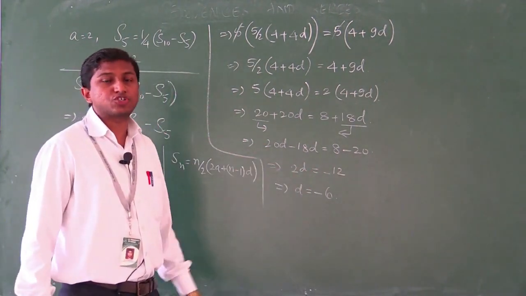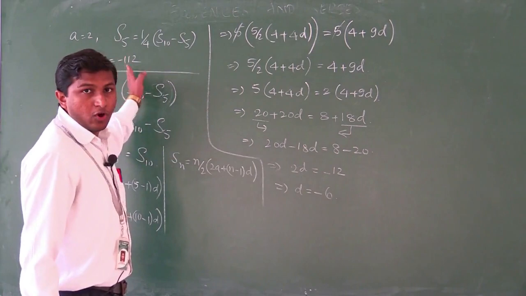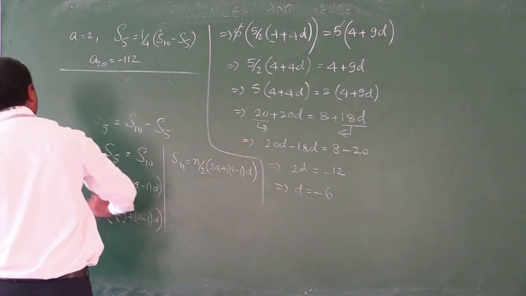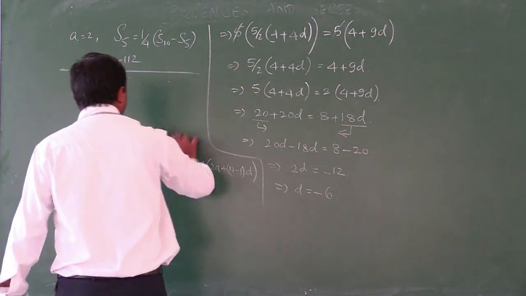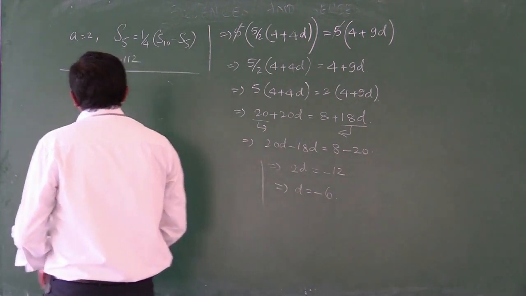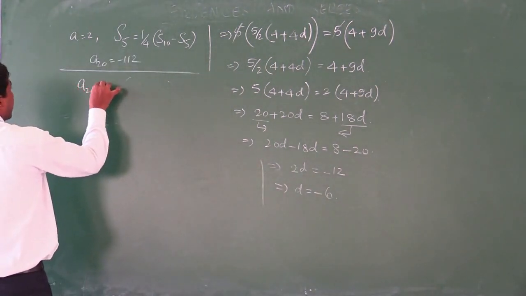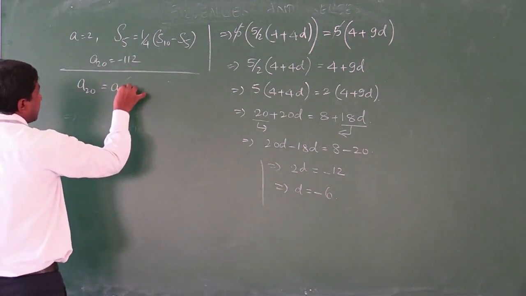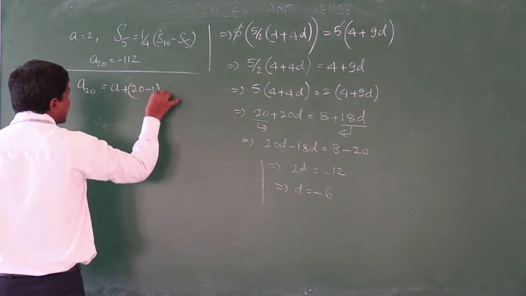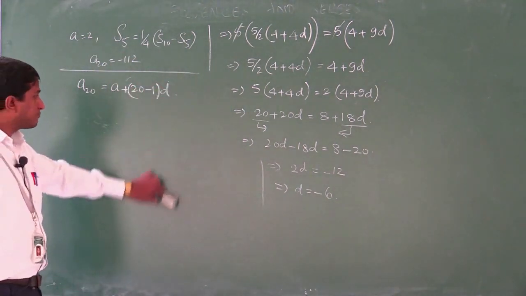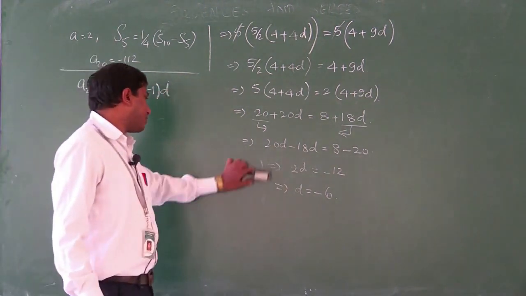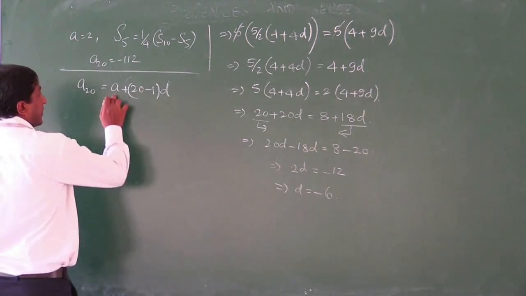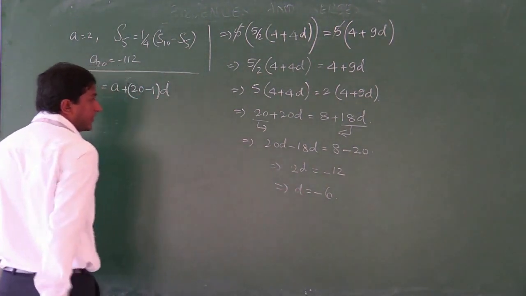We have to just show that the 20th term, A20, is minus 112. We will do that now. How can I write A20 in terms of A and D? It is A plus 20 minus 1 into D. So the 20th term A20 is nothing but A plus 20 minus 1 into D, where A is the first term and D is the common difference.